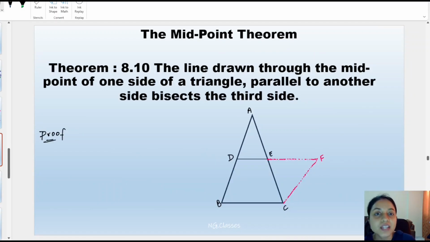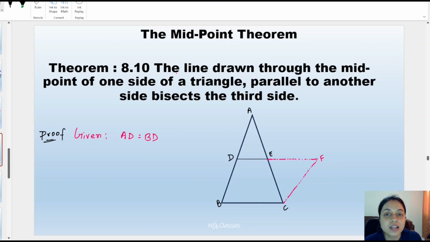Now let's see our next theorem. The next midpoint theorem says the line drawn through the midpoint of one of the sides of a triangle parallel to another side bisects the third side. So here it is already given that we have a triangle ABC where D is the midpoint of AB. That means AD is equal to BD.